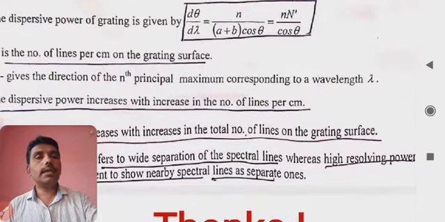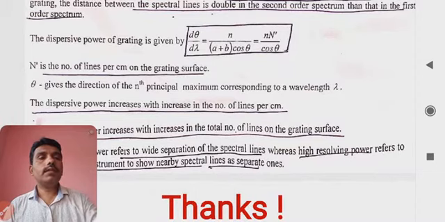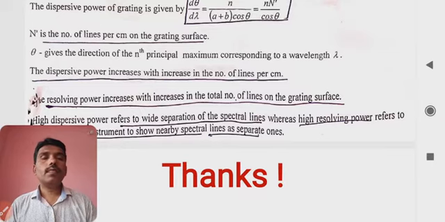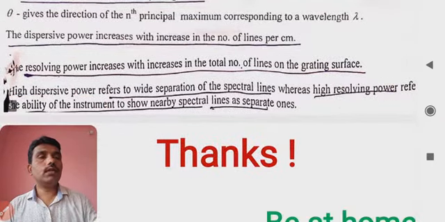Theta gives the direction of the nth principal maxima corresponding to wavelength lambda. The dispersive power increases with the increase in the number of lines per centimeter. Also the resolving power increases with the increase in the total number of lines on the grating surface.